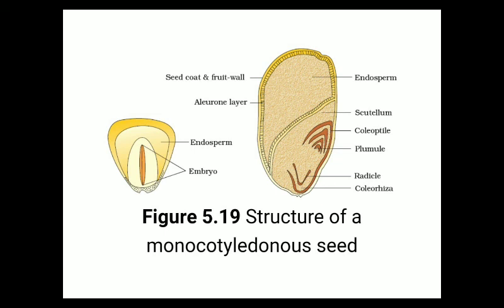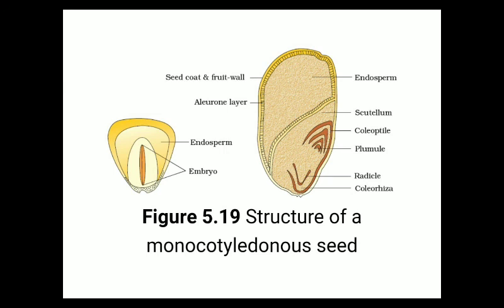In exam, questions can also come from the diagram. This diagram will be given and you have to label the different parts. For example, you have to label which part is endosperm, which part is scutellum, which part is coleoptile, which part is coleorhiza. Once again, let's revise it.